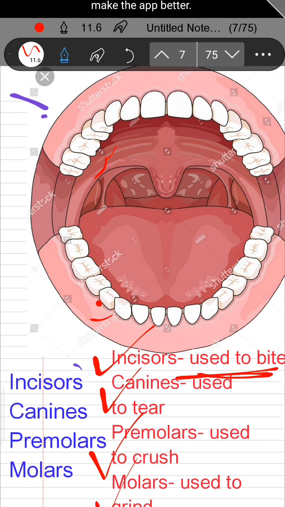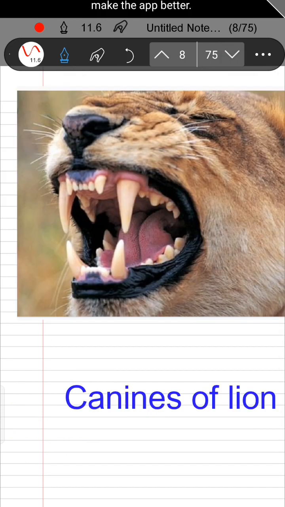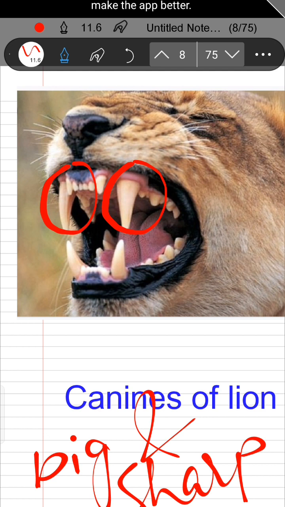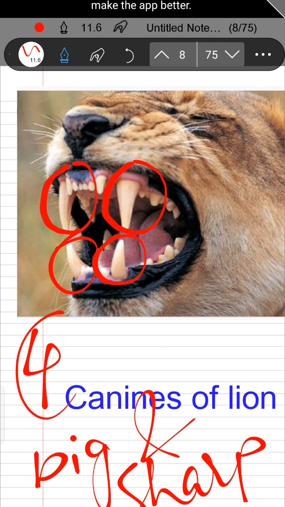Now let's see about canines in carnivorous animals, or the flesh-eating animals. As you can see, this is a lion and these teeth particularly are called canines. See, they are big and sharp. So a lion also has 4 canines in its entire mouth.